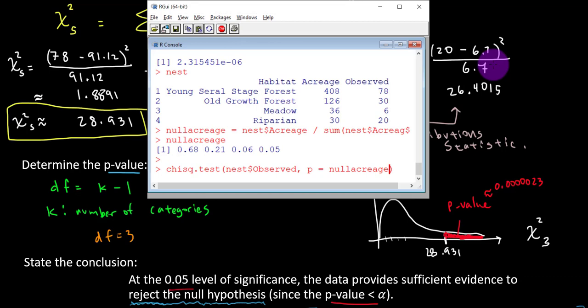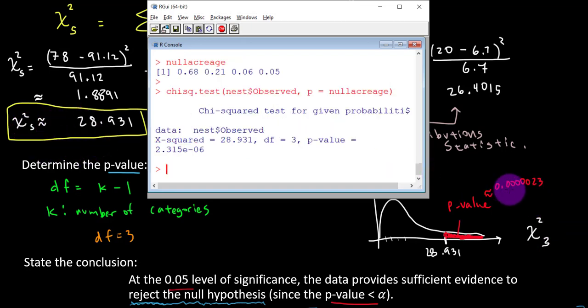Now when I run this, again, we should see our test statistic and this p-value come to life. Here is the test statistic, chi-squared. The degrees of freedom, remember, is based on the number of categories, k minus 1, so that's a 3.